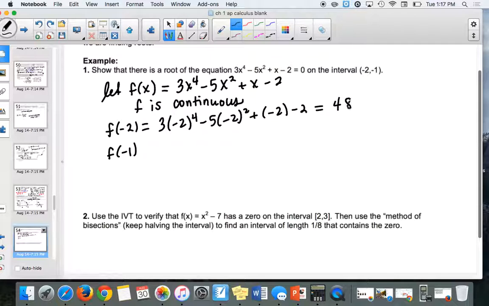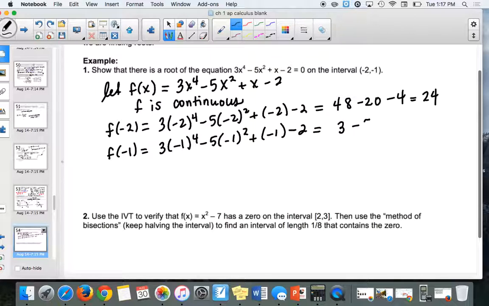Let's see, 48 minus 20 minus 4. 24? Yep. All right, and then f of -1, 3 times -1 to the 4th minus 5 times -1 squared plus -1 minus 2. So 3 minus 5 minus 3, -5.